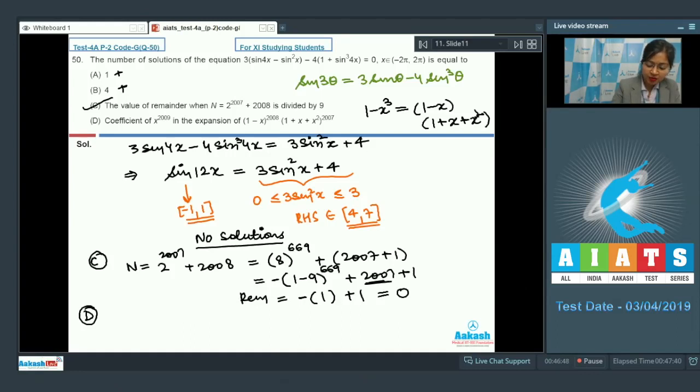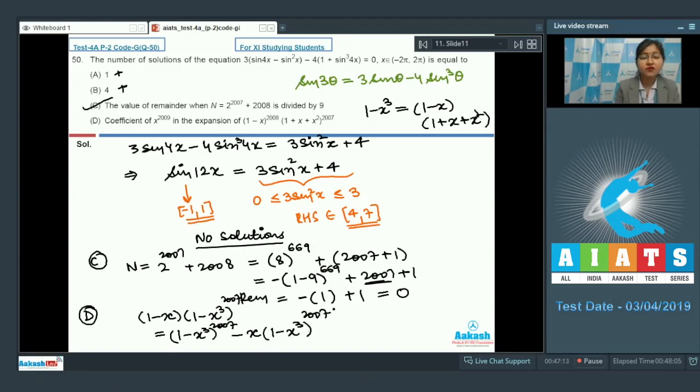So applying it here, we can write the value equal to, taking 1 minus x common, 1 minus x cube raised to the power 2007. This can further be written as 1 minus x cube raised to the power 2007 minus x into 1 minus x cube raised to the power 2007.